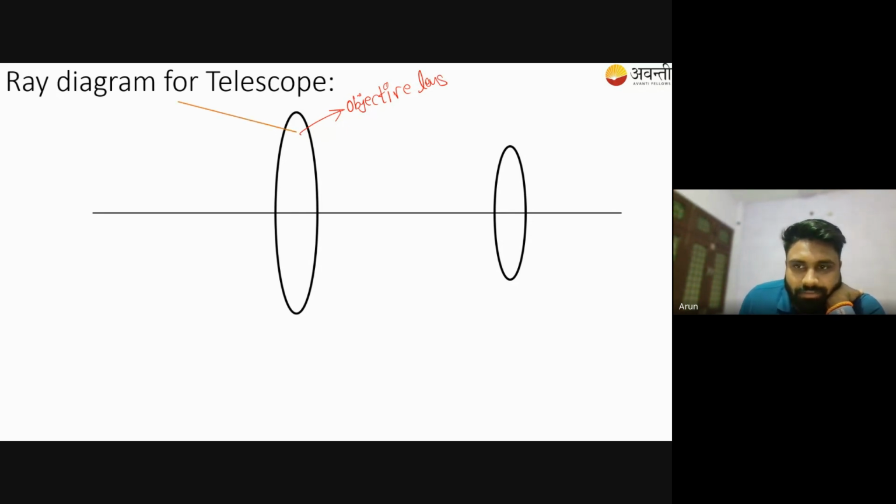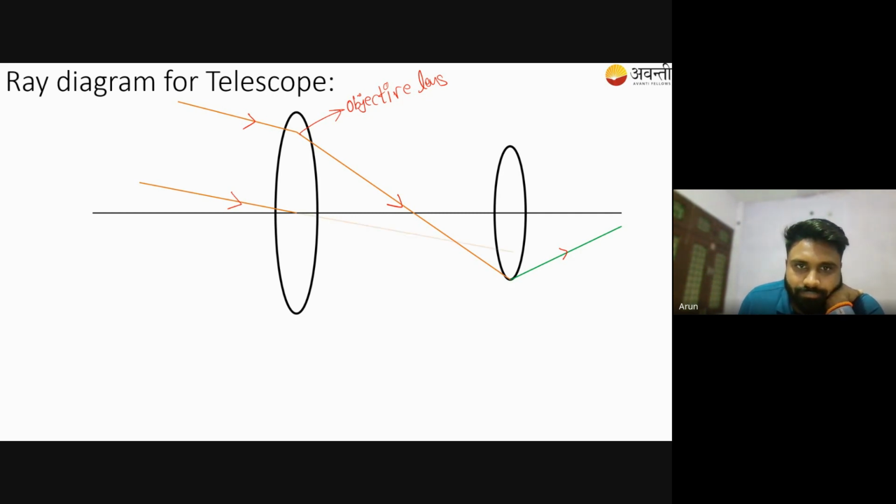The ray comes from a distance, and after getting refracted, it meets this lens here. From this lens, it is also getting refracted. So this ray is coming from this point to this point. Again, a ray is coming to its optical center, we have assumed, and these are parallel rays.